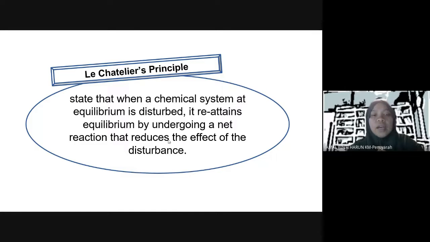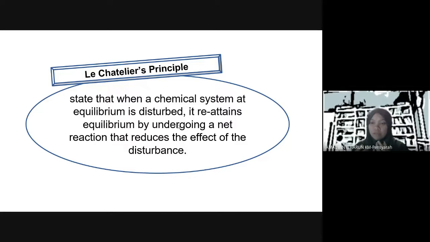And then dynamic equilibrium is also achieved when both reactant and product concentrations are constant. Now, after the system reaches equilibrium, whenever the equilibrium of the system is disturbed, there must be another mechanism to reattain equilibrium.